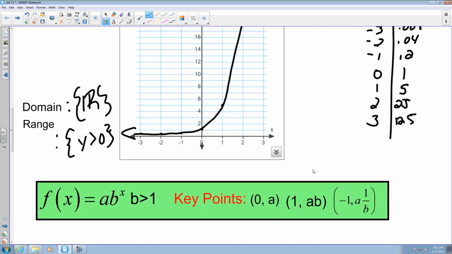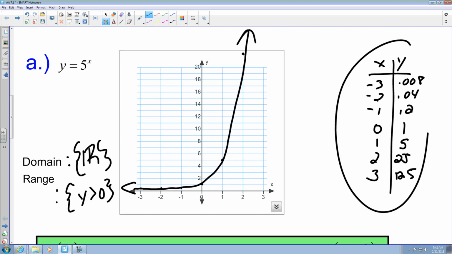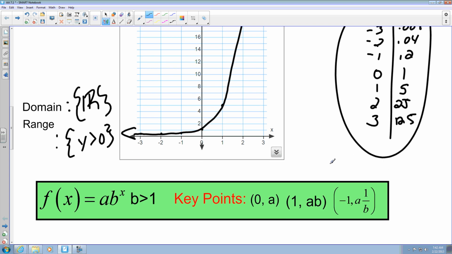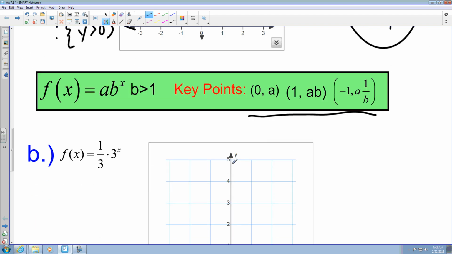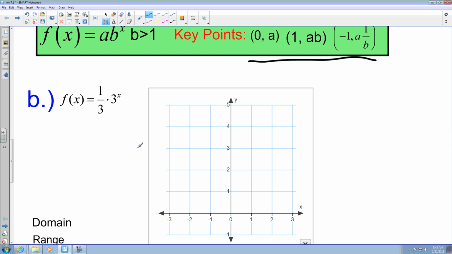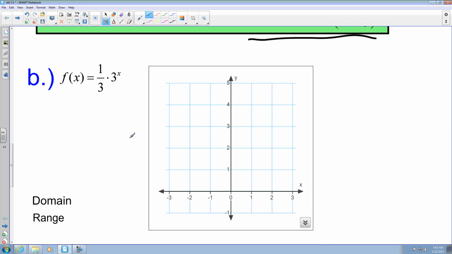But if you don't like doing the t-chart here, there's only really 3 points that I'm concerned with. I'm concerned with points (0, a), (1, a times b), and (-1, a times 1 over b). So if I look at this example here, my a is 1/3 and my b is 3.